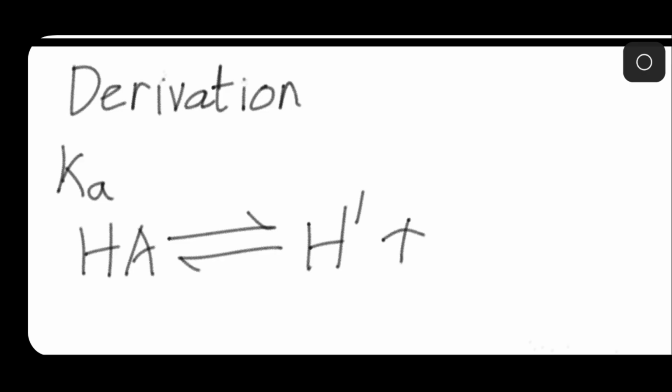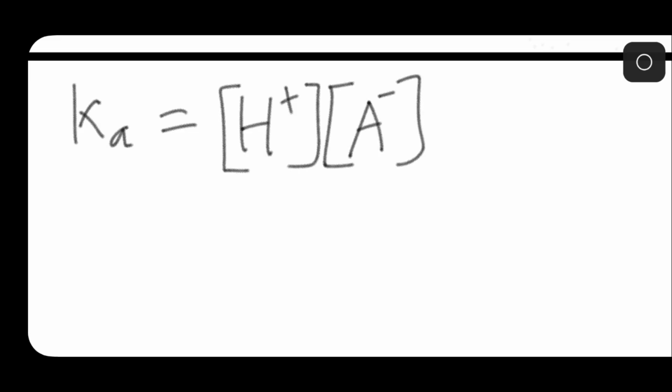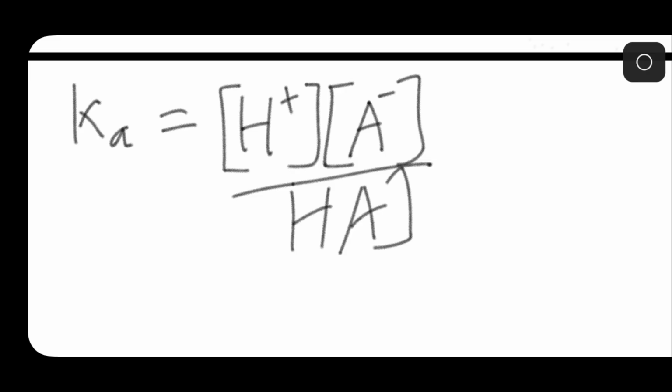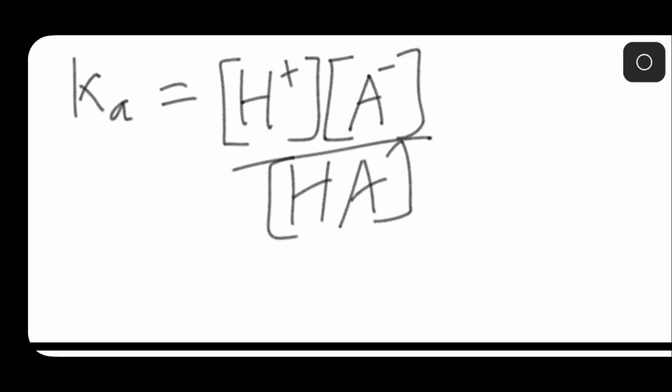So if our weak acid, which is HA, dissociates into a proton and its conjugate base, Ka would be equal to the concentration of the proton times the concentration of the conjugate base, all over HA.